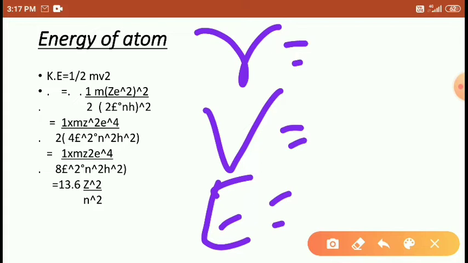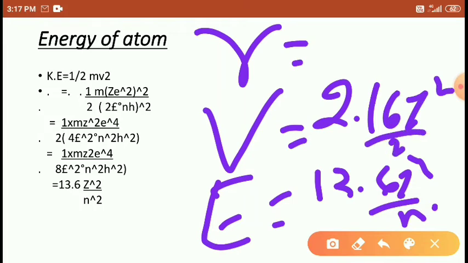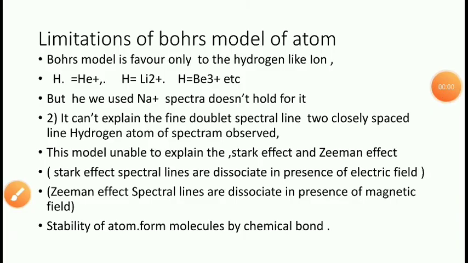The energy is 13.6 Z squared by n squared, velocity is 2.16 Z by n, radius is 0.53 n squared by Z. Right students?